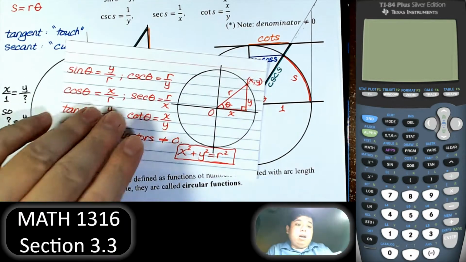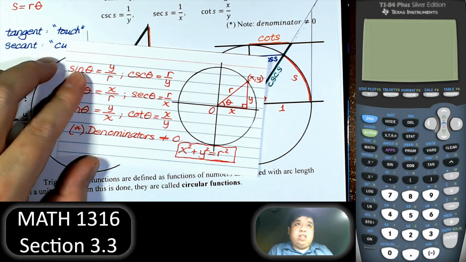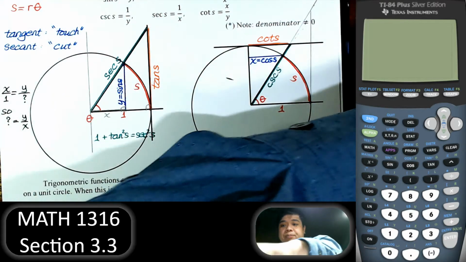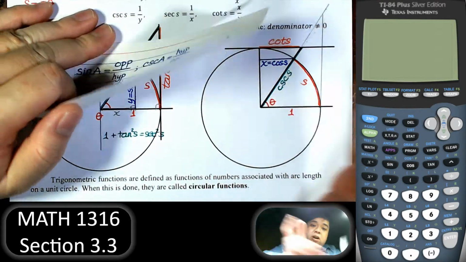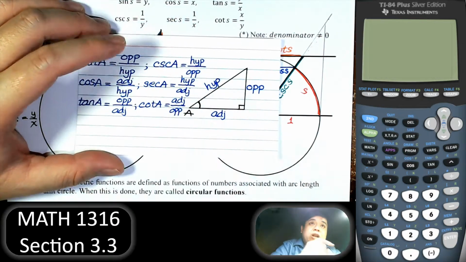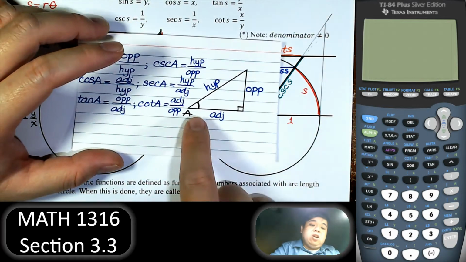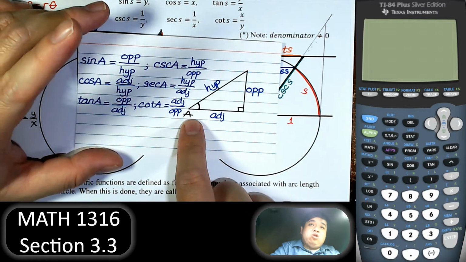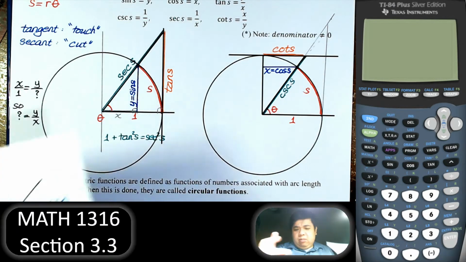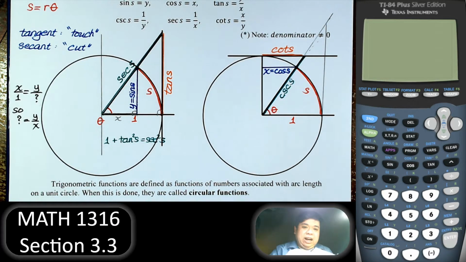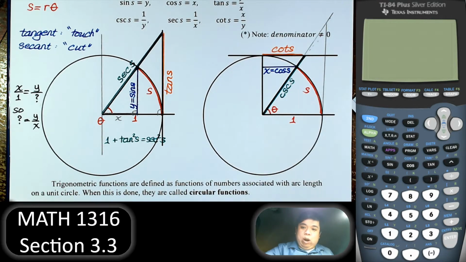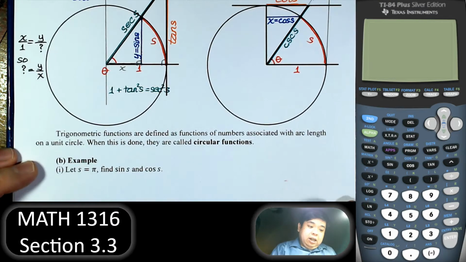The way we define x over r is based on the central angle. And the way we define using opposite, adjacent, and hypotenuse is based on an acute angle in the right triangle. But after all, either way we do that, it's just a ratio. So all of that is the same thing.